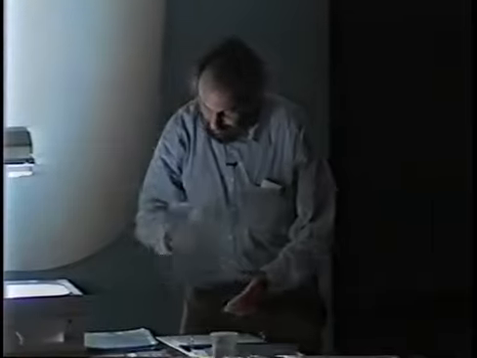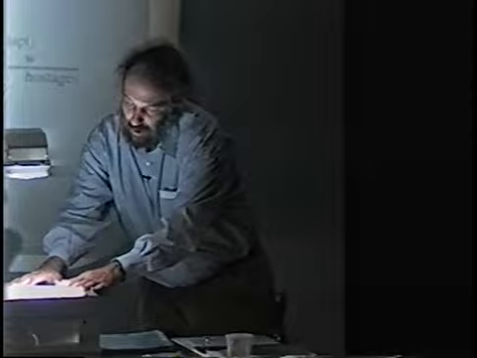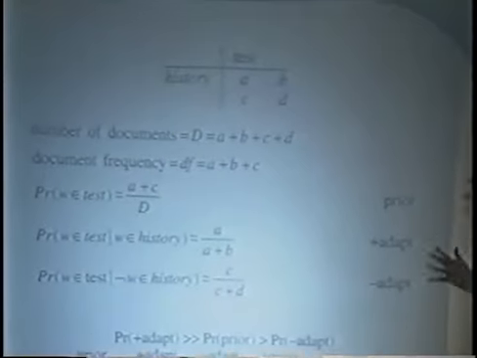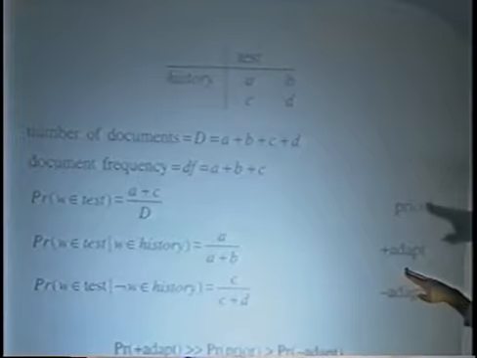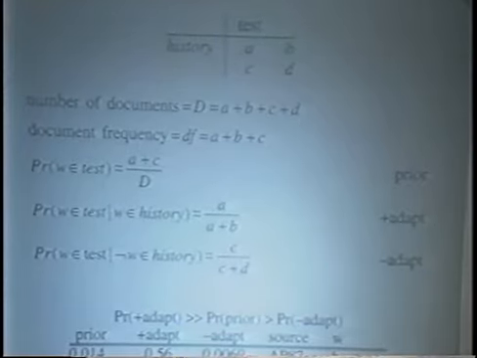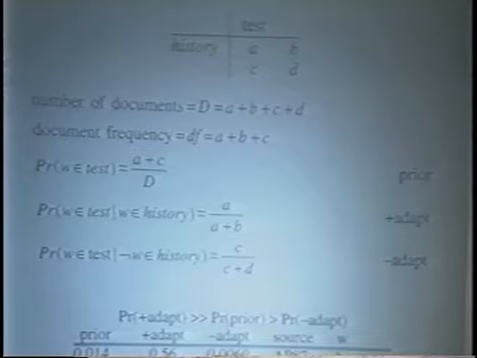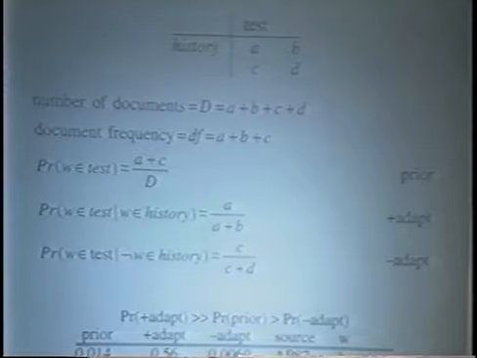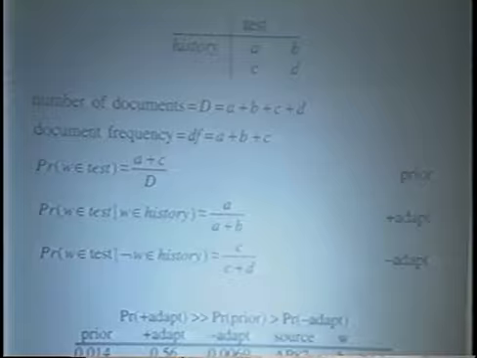And then given this contingency table, which I'll just write this way, A, B, C, D, we can define a few interesting things. D, which is the number of documents, is just the sum of all the cells. Document frequency, which is a quantity that's used a lot in information retrieval, which I'll refer to later, is the number of documents in which this word occurs at least once. That's just A plus B plus C.